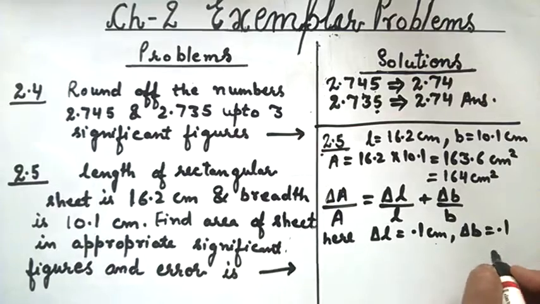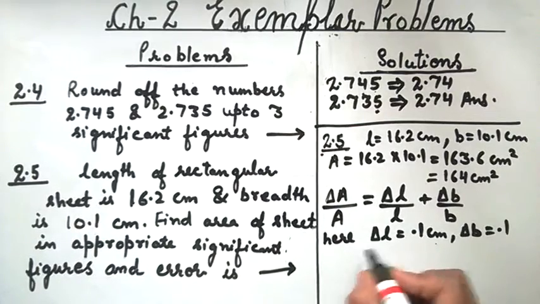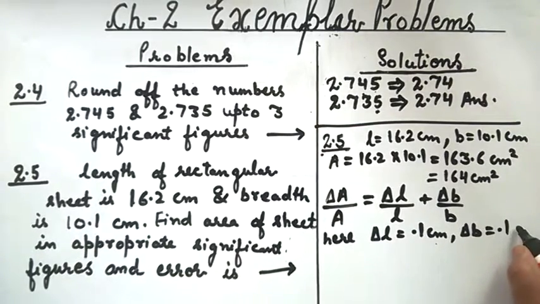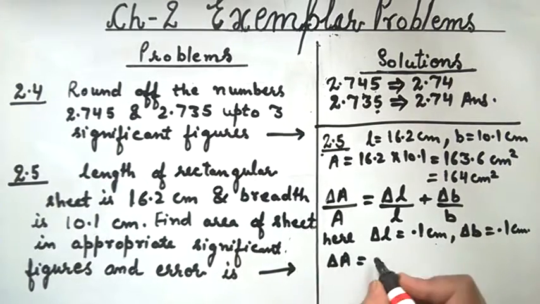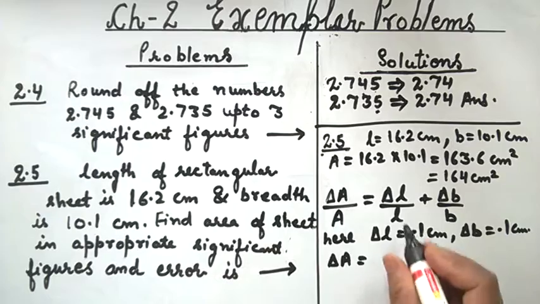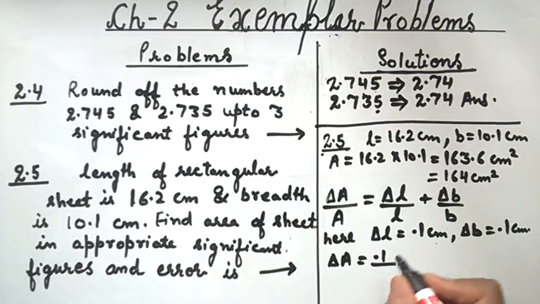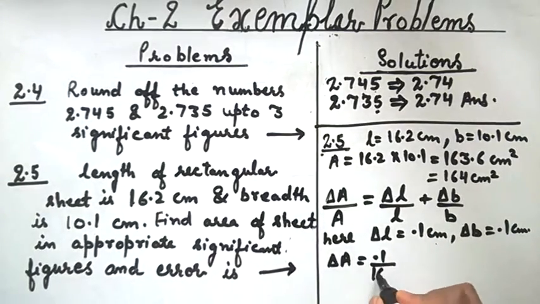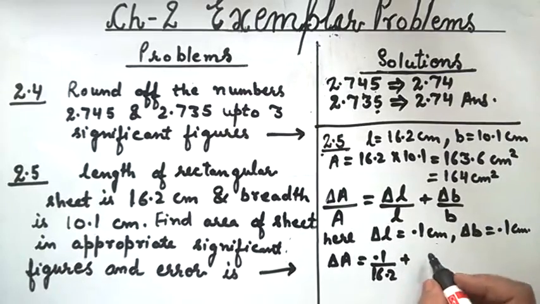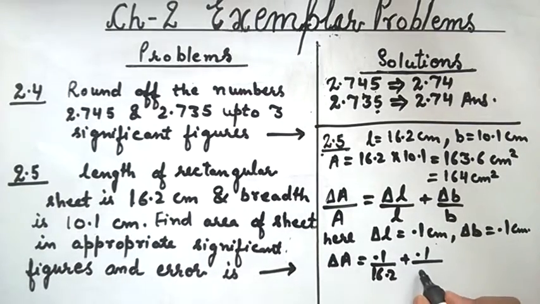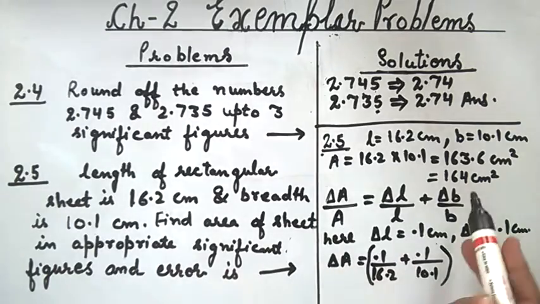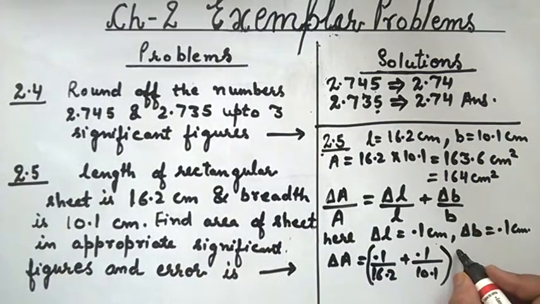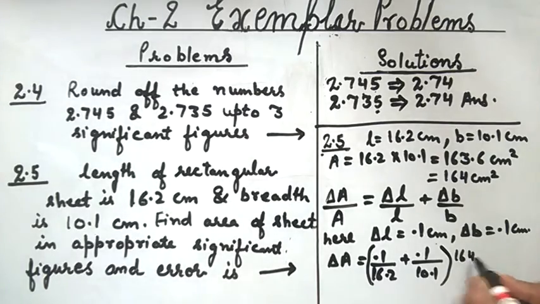That is, up to 1 decimal the error is there. So delta A is given as delta L by L, that is 0.1 by 16.2, plus 0.1 by 10.1, into area, that is 164 centimeter square.